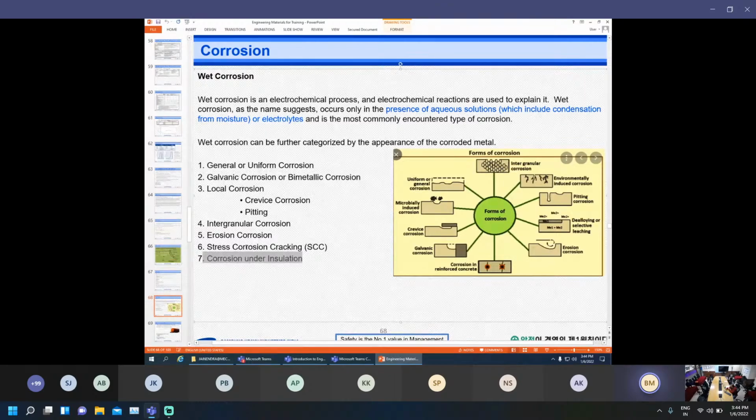Insulation is good for restricting heat transfer from one surface to another, but it also causes corrosion. That is called corrosion under insulation. If you remove the insulation, you will see there is some pitting and corrosion on the surface of the material. So these are classified in 7 forms of wet corrosion.